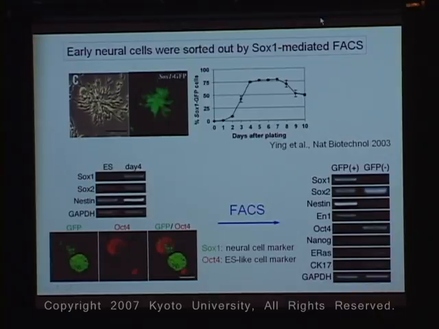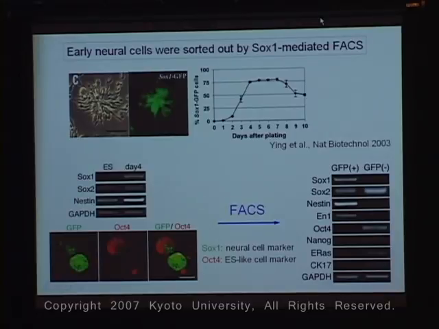At that point, an immunofluorescence study shows that 6% of the cells express GFP, and the rest of the cells express OCT4. That means these cells are still at the stage of undifferentiated ES cells.